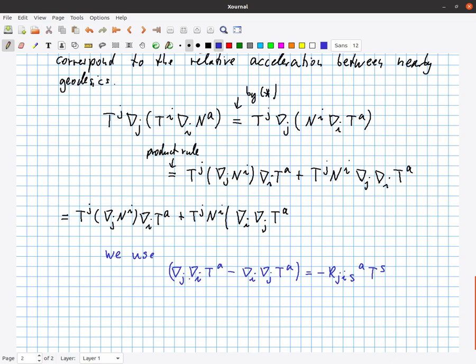So if I have this object here, I can underline this to make it really crystal clear. Then I can shuffle this bit to the right hand side, so this minus sign becomes a plus, and then I have minus R^a_{sji} T^s.